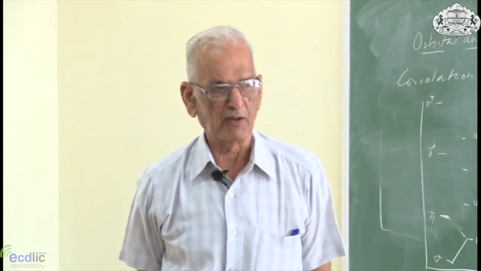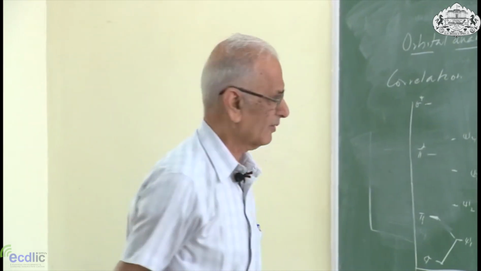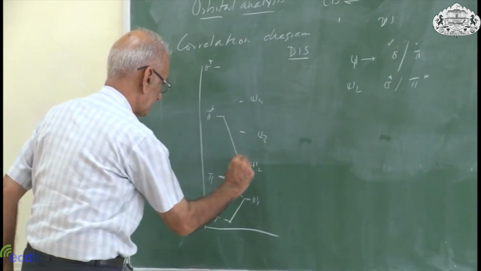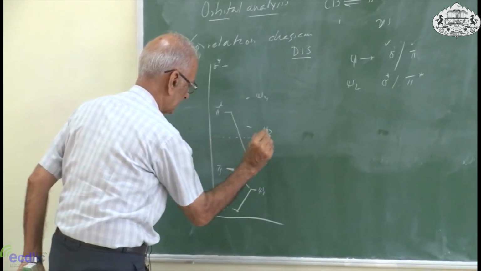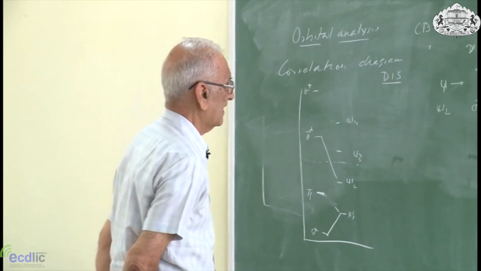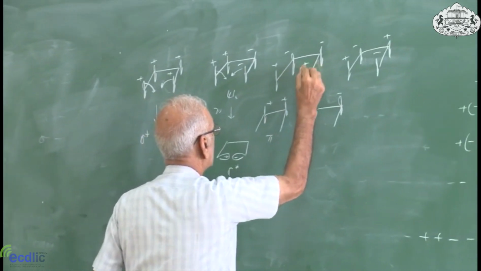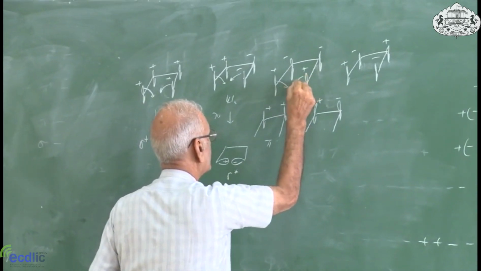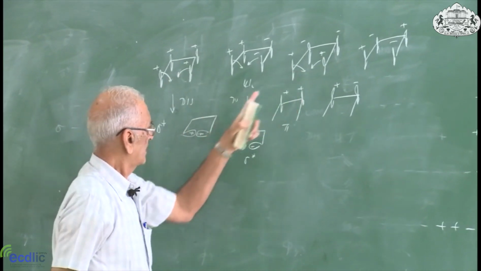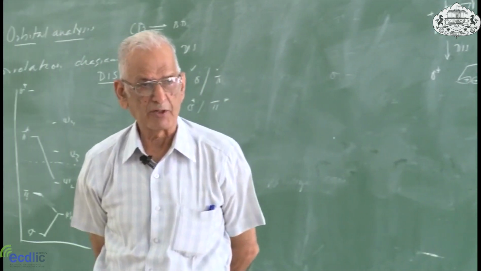Once again, the orbital of lowest energy is pi star. So, I correlate with pi star. Then I look at psi 3. This rotatory process, just like this, will give me bonding orbital.